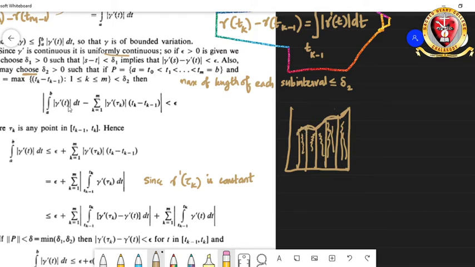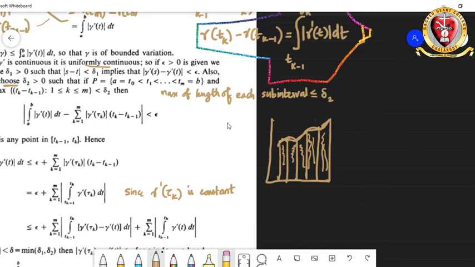What we are saying here is that we can make the partition in such a way that when we form rectangles under this curve, find their areas and add them up, the difference between the original area under the function and this value will be strictly less than epsilon.